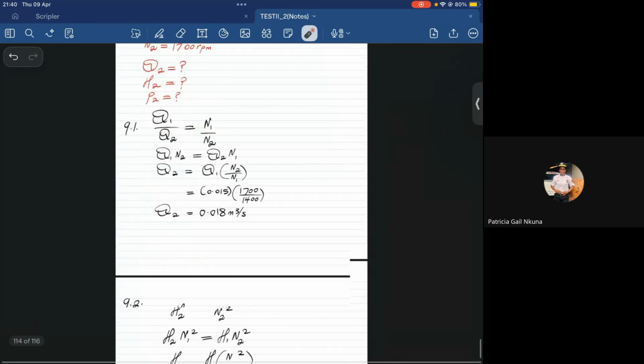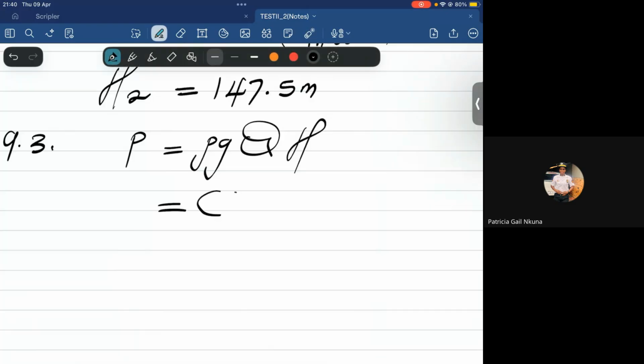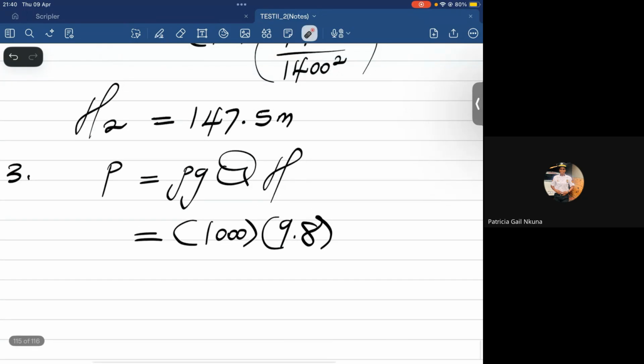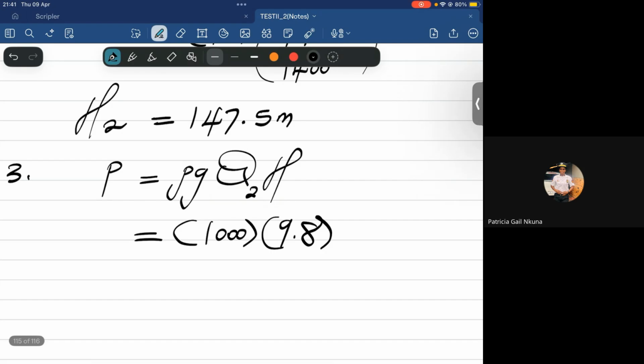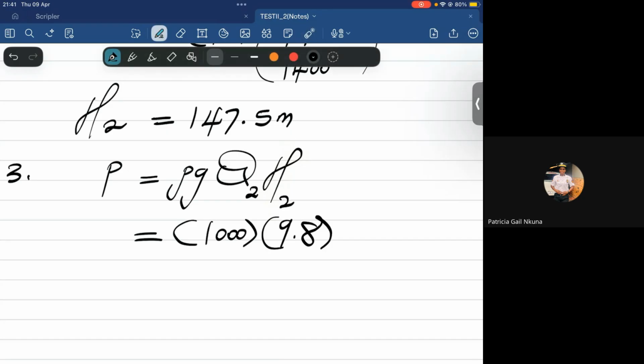So the density that we're going to use here is 1000, the gravitational acceleration 9.8, then volumetric flow rate and the height. Since we're looking for the new power, since the speed was increased, we're going to have to use the new volumetric flow rate, which will be Q2, and then multiply by the new height, which is H2.